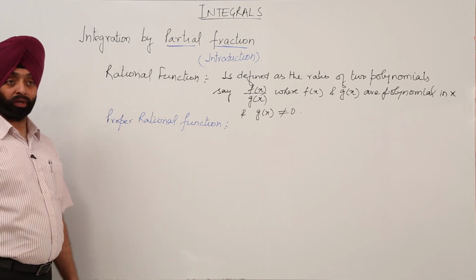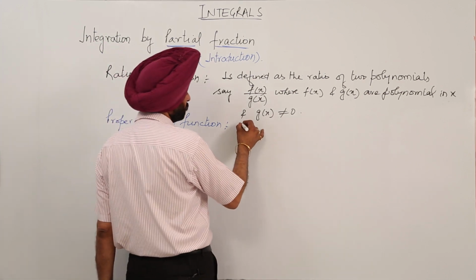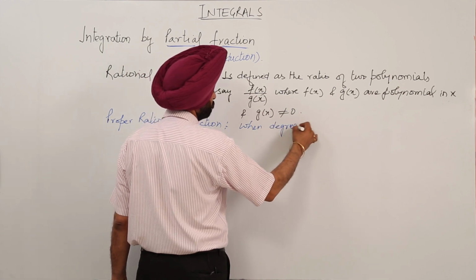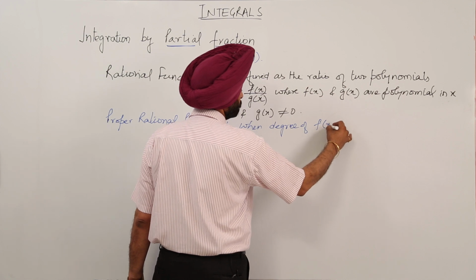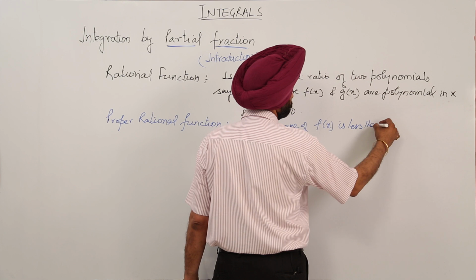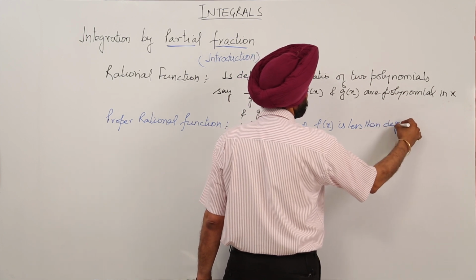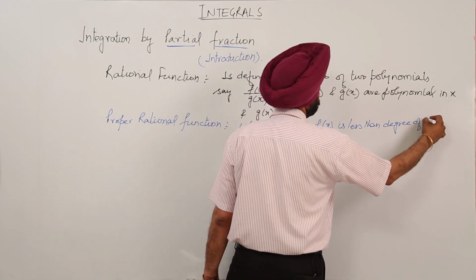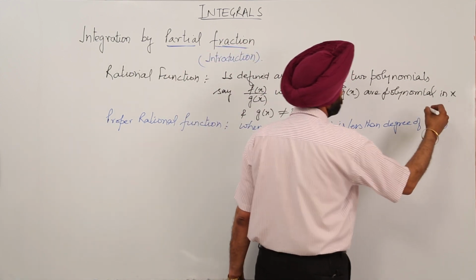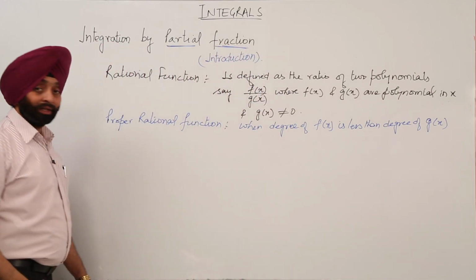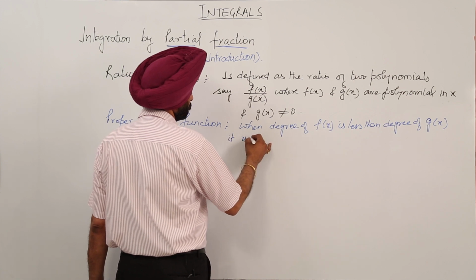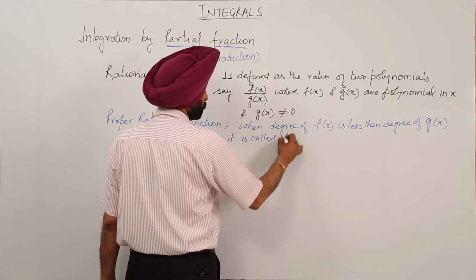In the proper rational function, when degree of f(x) is less than degree of g(x), then it is called a proper rational function.